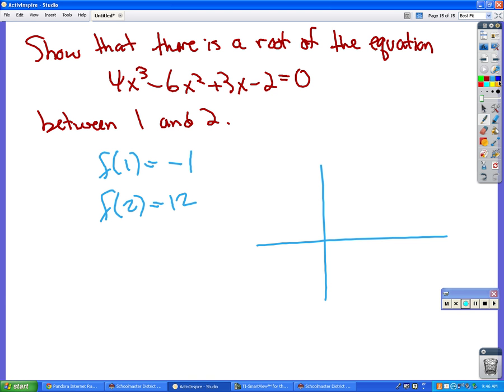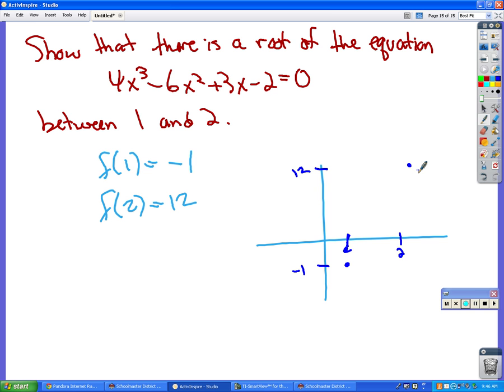It's continuous, thank you. We know it's a continuous graph. Why? Polynomial. Polynomial, okay. And so what we have done is we took x equals 1 and plugged that in, we got -1, yes. And we took x equals 2, this is 1, and this is 2. We plugged in 2 and we got 12 as an answer, okay.